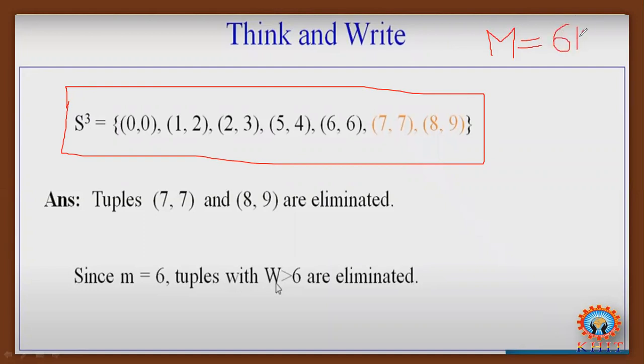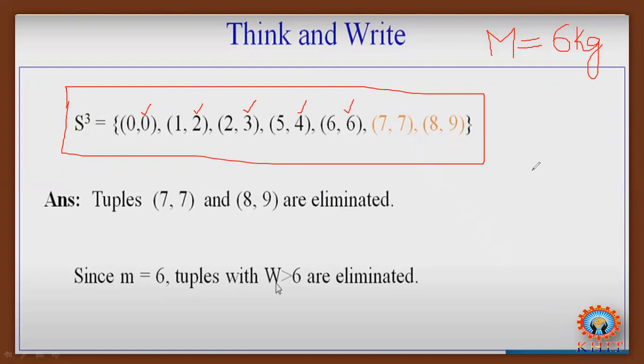You cannot place more than 6 kg of weighted items in the bag. So if you observe clearly, in S3, 0, 0, here the weight is 0, this is less than M, no issue. The weight is 2, so it is less than the knapsack capacity. In this pair, the weight is 3, it is also less. The weight is 4, it is less than. Weight is 6, less than or equal to.